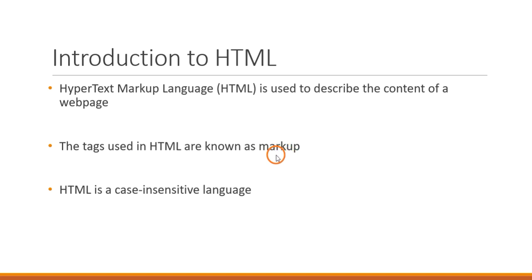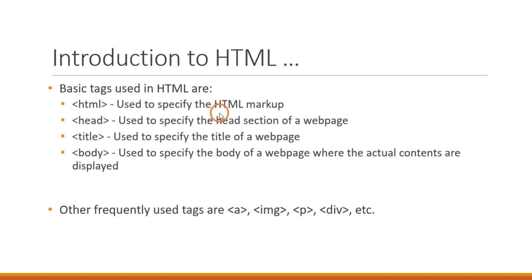Typically, what we are doing using this markup is describing the content of a web page. So HTML is a language for describing the content of a web page. For example, if you look at this img tag, this is used to display images. So you are saying that this particular thing is an image, and this p is used for displaying paragraphs of text.